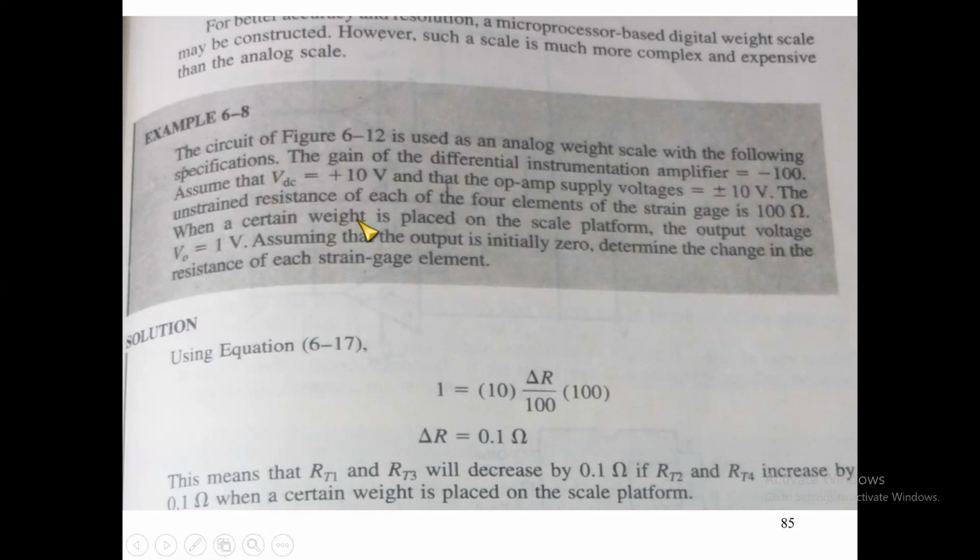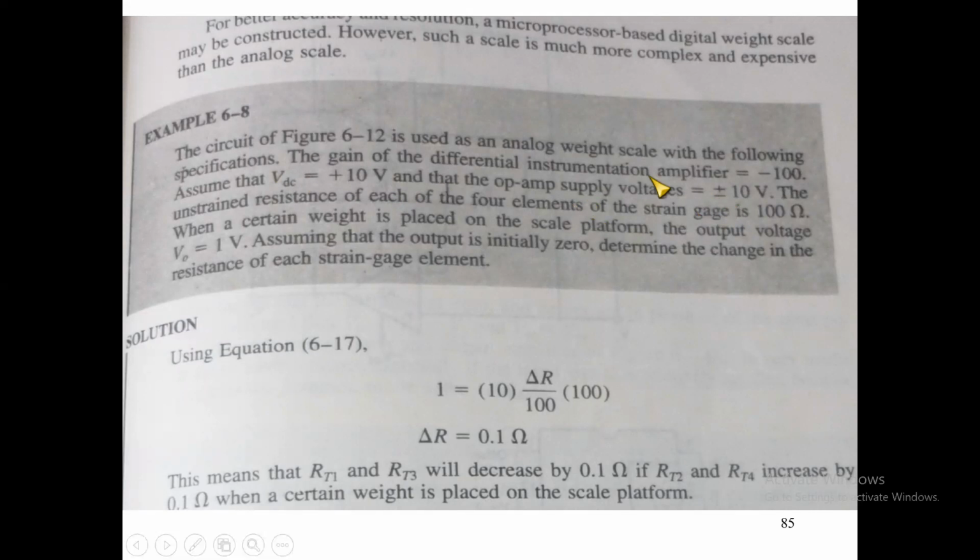Now let us take an example here. Again, the circuit we are taking is 6.12 only, where we use all the four arms to be the strain gauge. The gain of the differential instrumentation amplifier is minus 100. That means RF by R1 will be 100. And the VDC value is 10 volts.